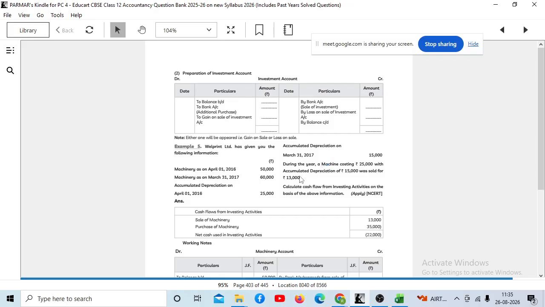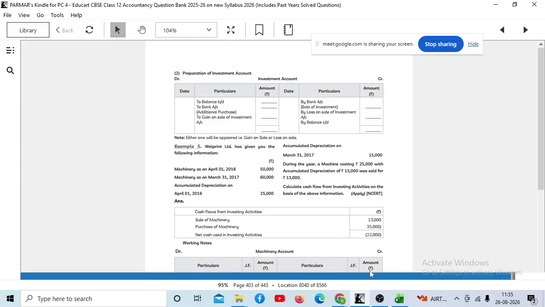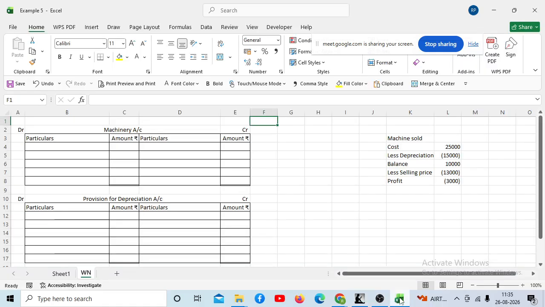In that case we are supposed to prepare the accounts, because it has an effect on this machine and the depreciation, so we will come to know the flow only after preparing the account. If they would not have given anything, like nothing is sold or something like that, then there was no need of preparing the account. Okay, sir. Yes, have you prepared it?